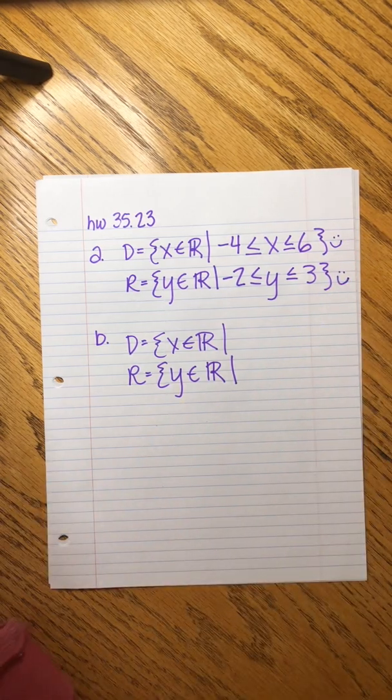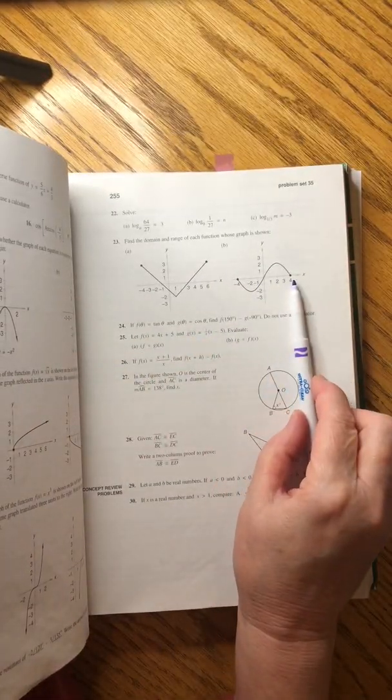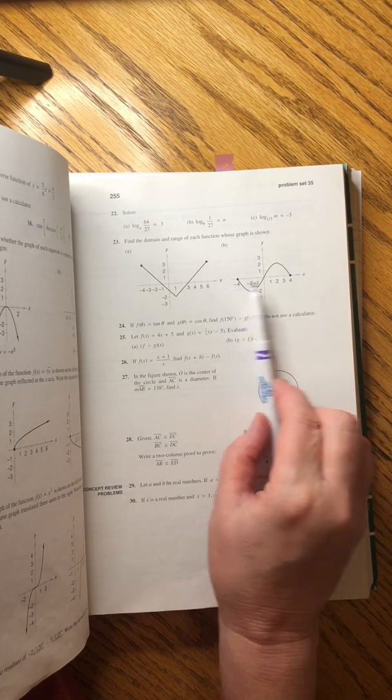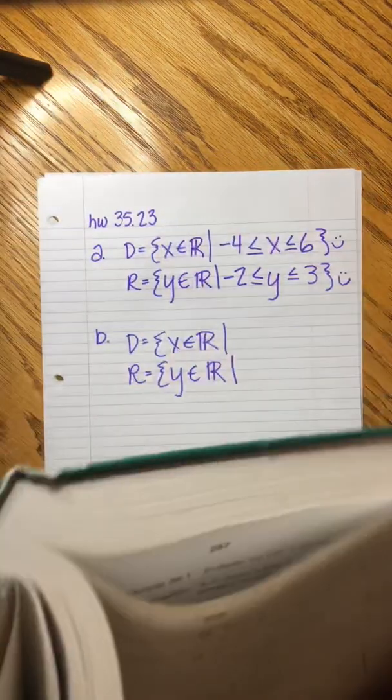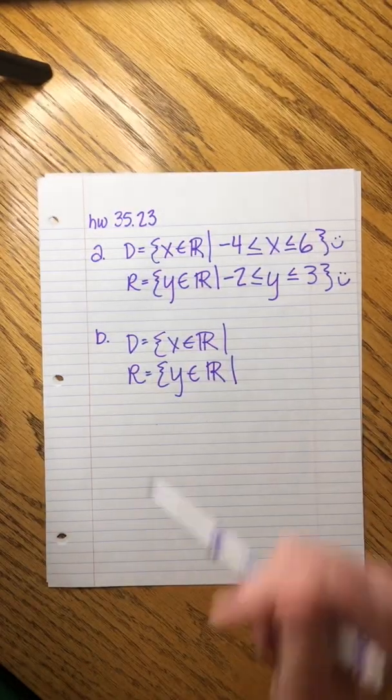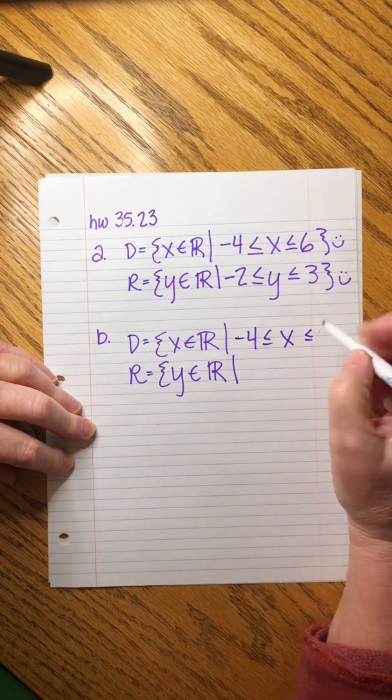All right, so all you do is look at the picture and say, and we'll do it again here, what's the greatest value for x and what's the least value for x? +4, -4, we include those points. So we always start with the lower one and go like this.